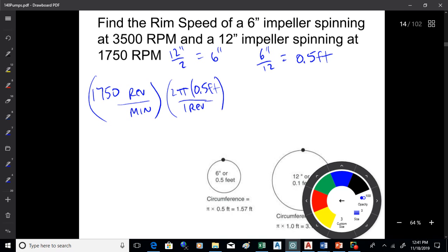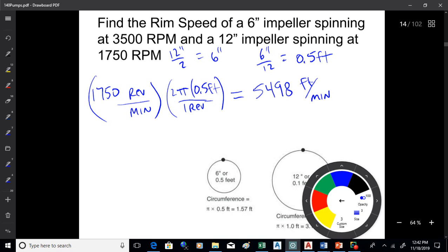I guess that's extra work. All right, that will get me the rim speed for this one. So 1750 times 2 times pi times 0.5. And see, that gets me the same number. So this just demonstrates how you can get the same rim speed in different ways.